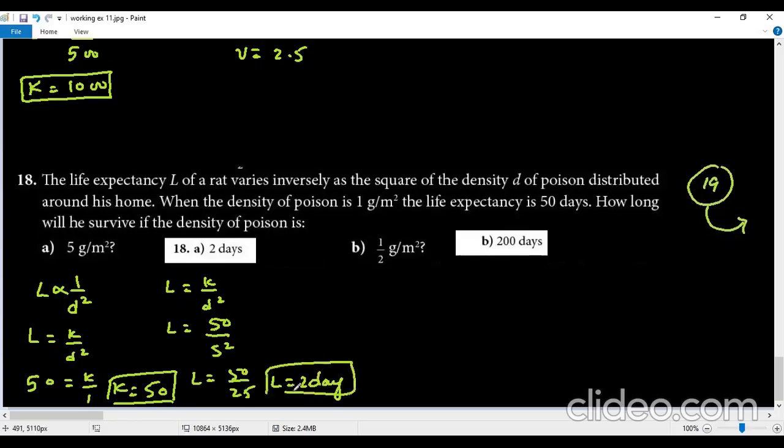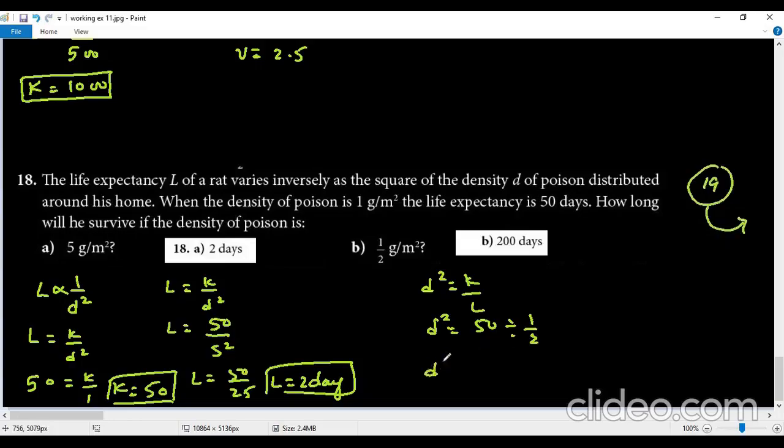The second part of the question is asking about the opposite. So it's D square equals K over L. That means D square equals K, how much? K is 50 and it is half a day. That means divided by 1 over 2.